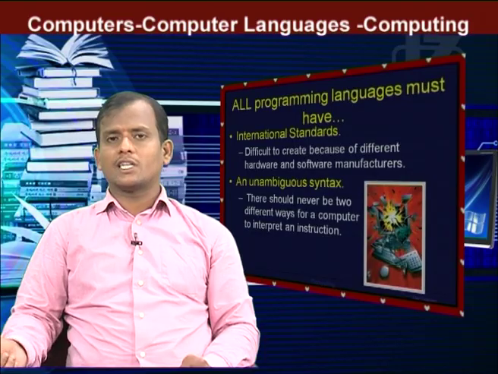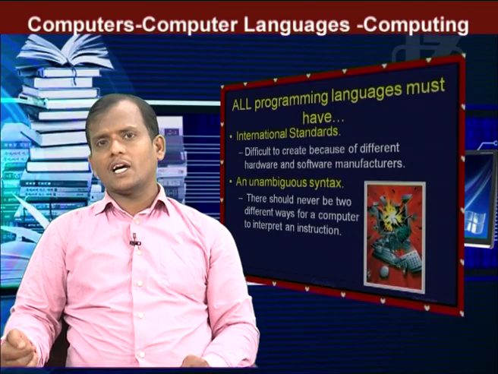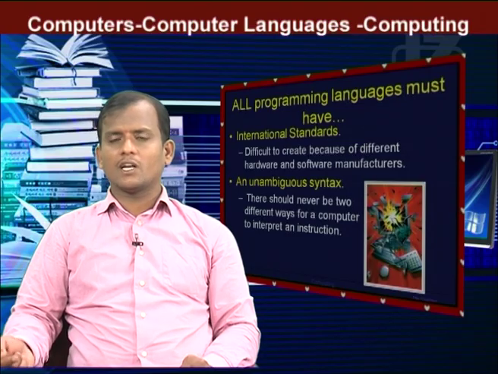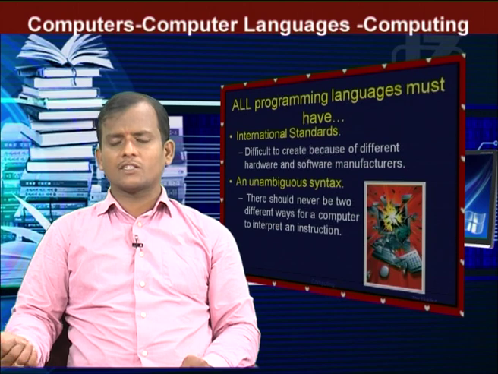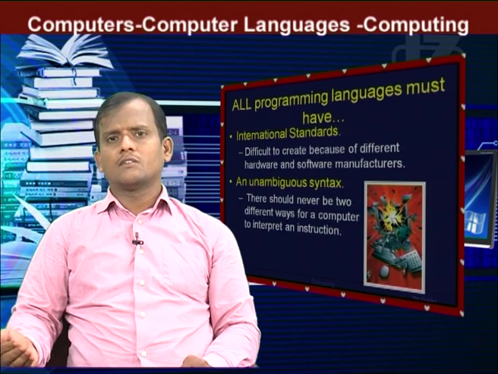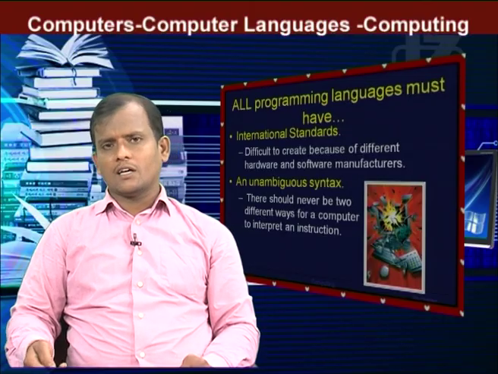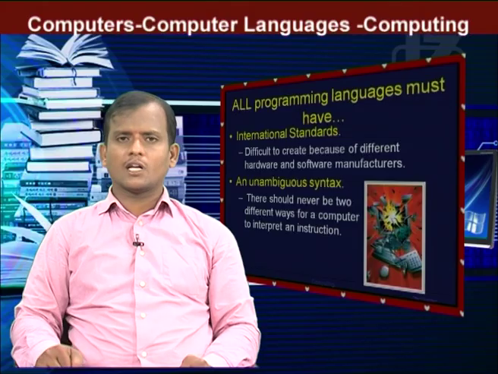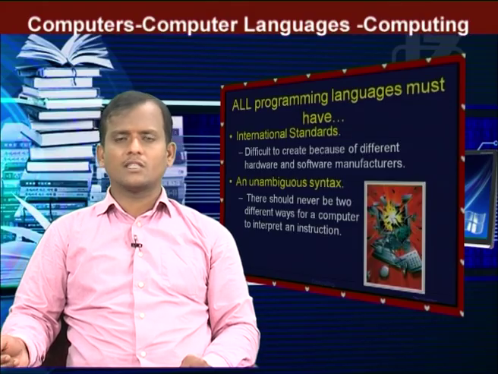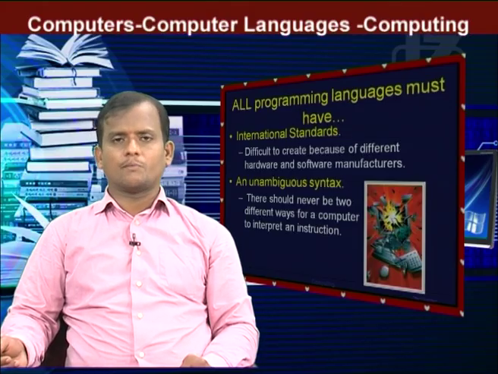So in an interpreter, each and every line is executed. When I say executed, it is nothing but converting from high level to machine level. So that is the major difference between compiler and interpreter.